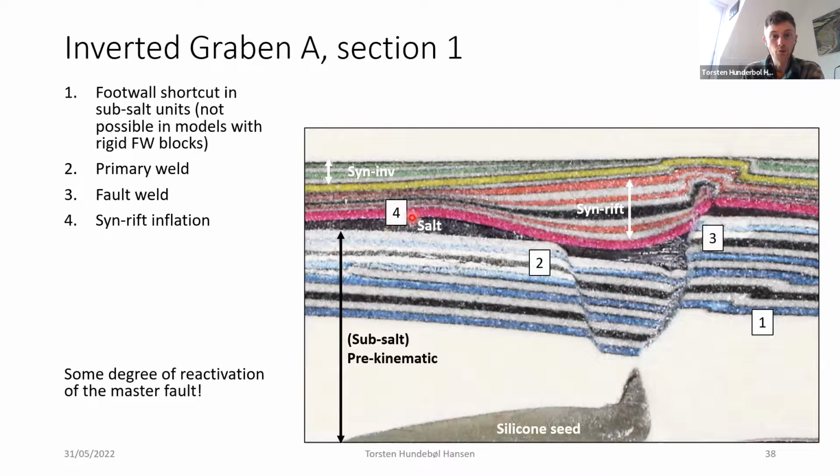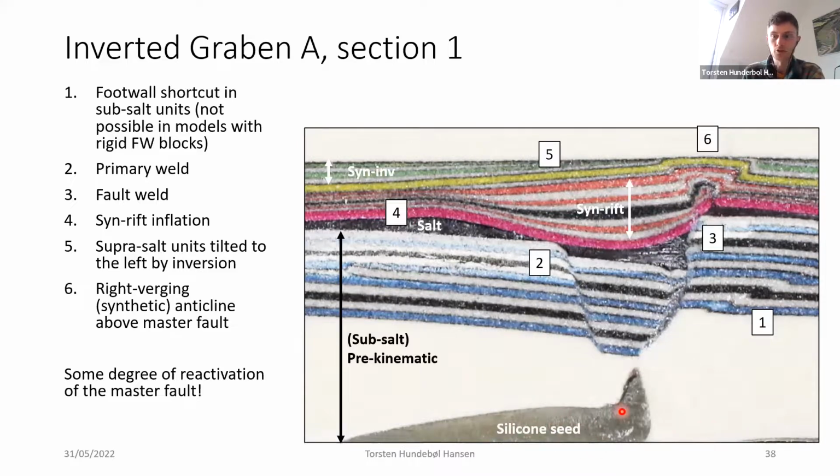We have some syn-rift salt inflation here, very nice. And now the suprasalt units were tilted the other way, to the left. So maybe that indicates that we had at least to some degree reverse reactivation of at least the fault trend here, because we use a silicone seed.